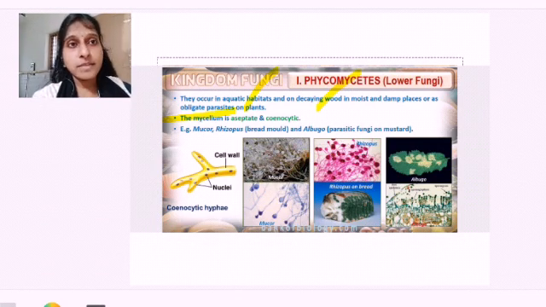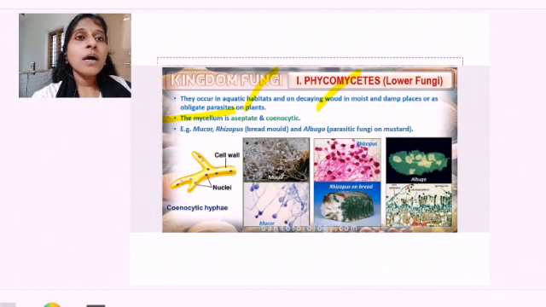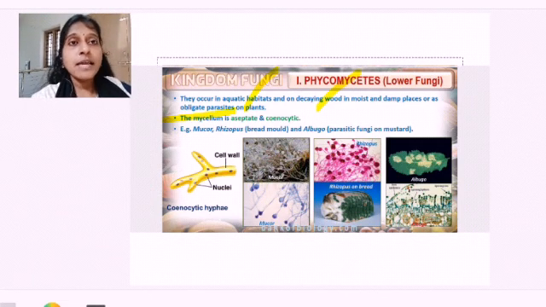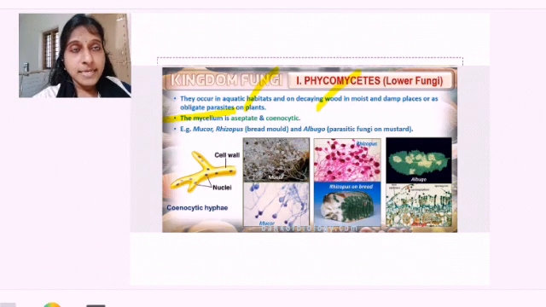They go, stay, complete a part of the life cycle, and then multiply again. For example, they attack plants and get nutrition from the plants as parasites. Then I call them obligate parasites. So some are aquatic, some are on decaying organisms, some are parasitic.